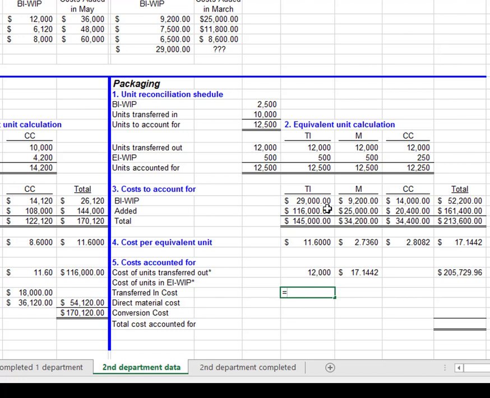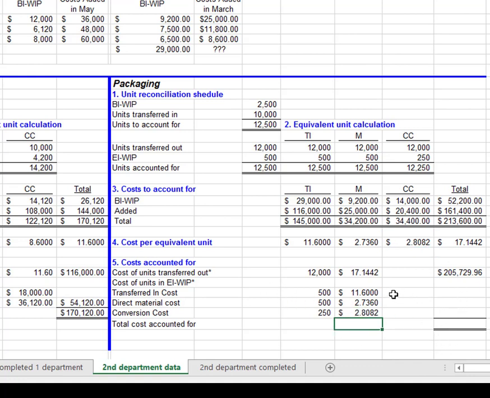Again, I'll go up here to my equivalent units. I got 500 equivalent units of transferred in cost, 500 equivalent units of material, and 250 equivalent units of conversion costs. Then I'll just bring down my cost per equivalent unit, transferred in cost, material, and conversion costs. All right.